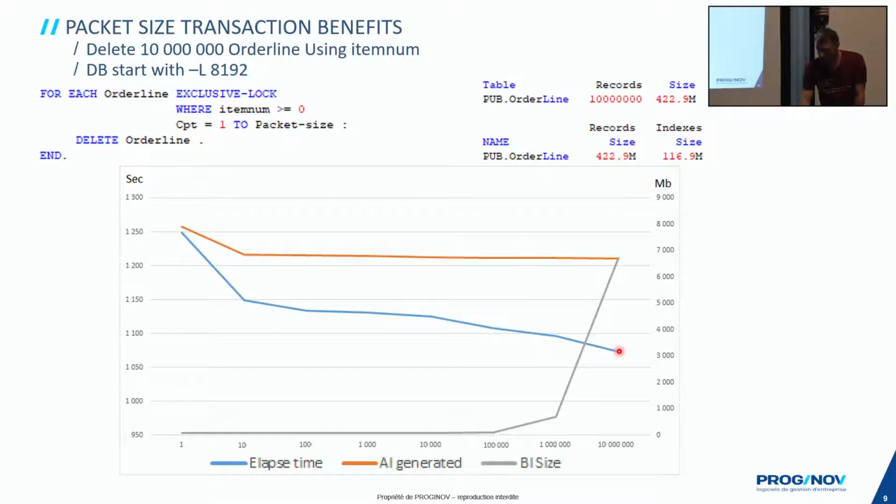And we could see that the before image did not increase until 1 million records. And for a 10 million records transaction, it has the same size of after-image notes, around 7 gig. So too big a transaction could be bad.